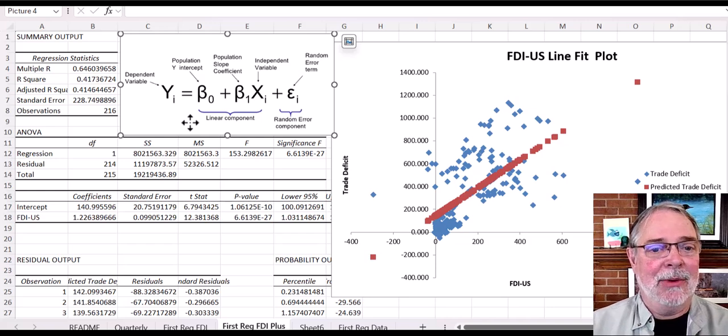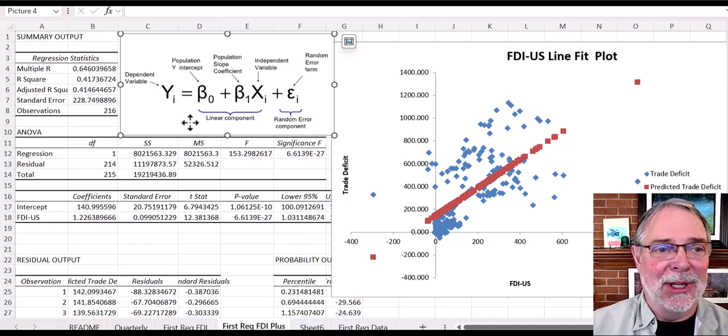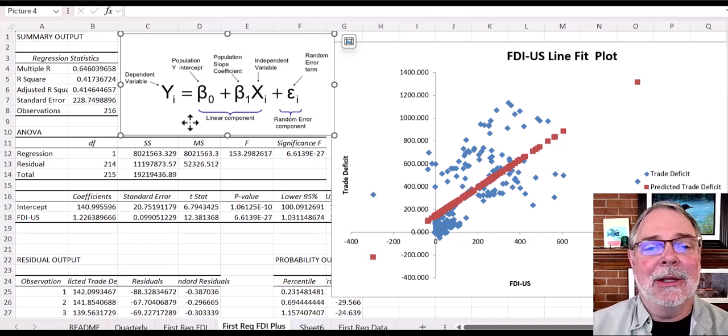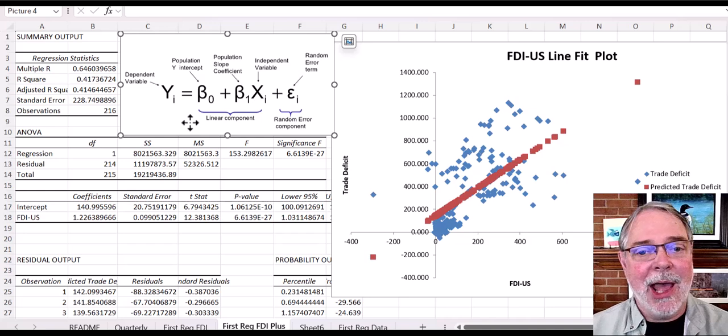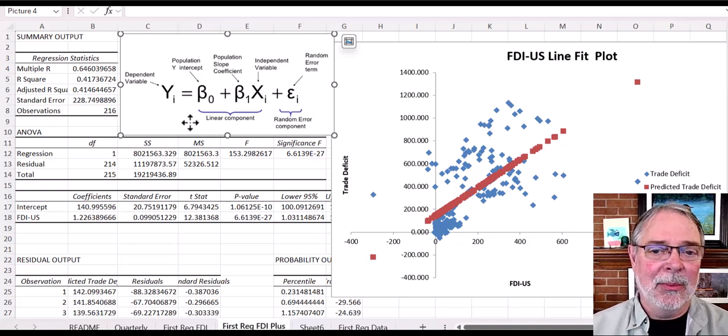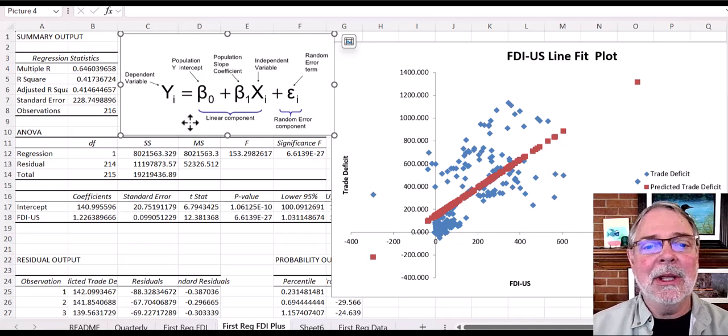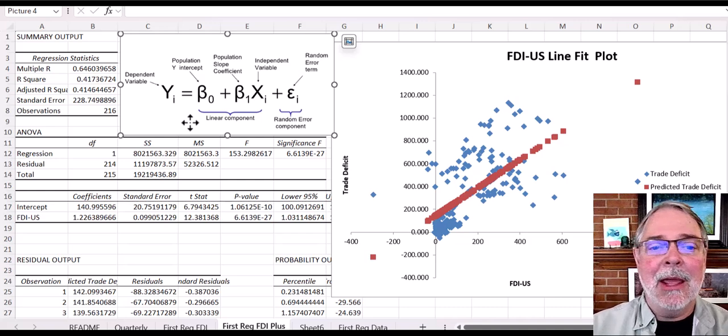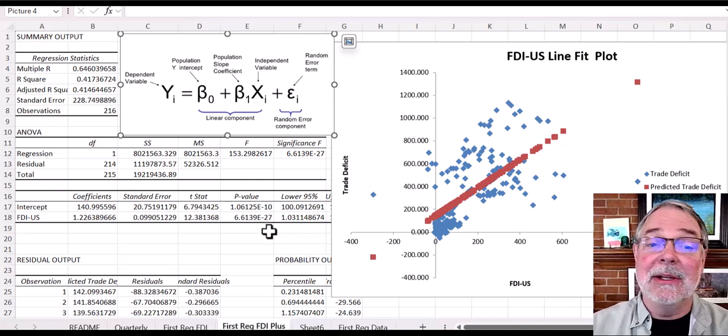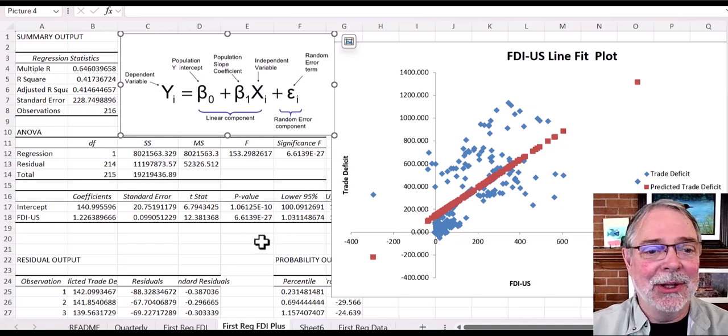It's y sub i, so for each i from 1 to n, the sub i means there's a bunch of different individual ones. But y equals beta 0, which is your y-intercept or constant term, plus a slope, beta 1 times x, and there's a residual term. We'll get to that in a second. But basically, we have a line. And when you get regression results, you get a ton of results.